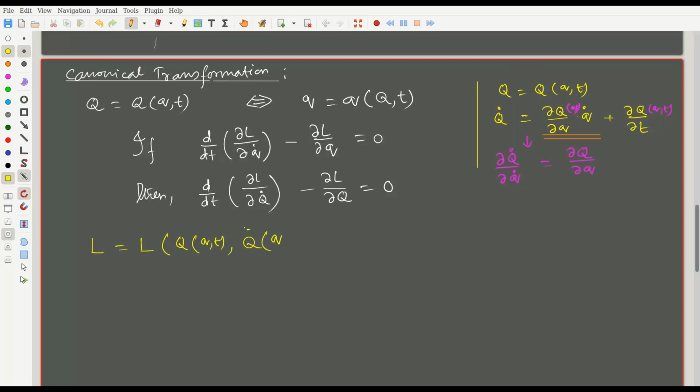So Q̇ is a function of q, q̇, and t. Notice here that it depends on q̇ also, and in general t, of course. Now you try to figure out how you will do it. You can do the reverse also. So now you have found ∂L/∂q̇.